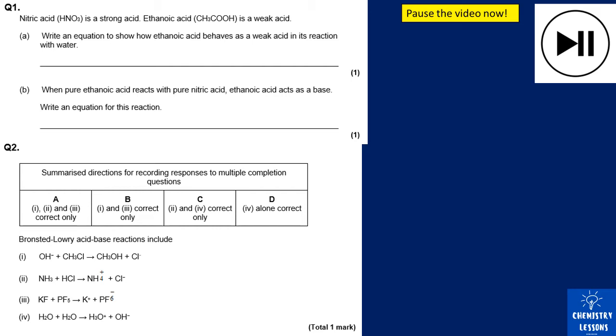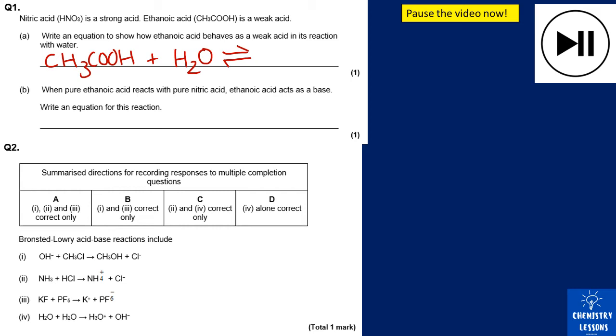Okay then, so we've got nitric acid is a strong acid, ethanoic acid is a weak acid. They're telling you a strong and a weak acid. Write an equation to show how ethanoic acid behaves as a weak acid in its reaction with water. Now it's weak, so I'm going to show it as a reversible because it's a weak acid.